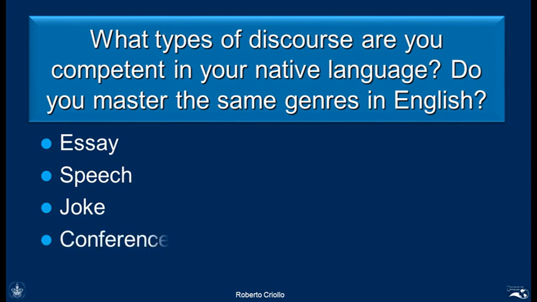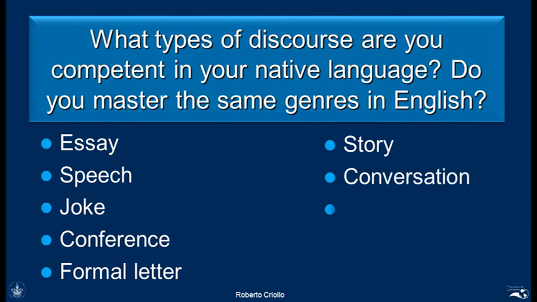Or a joke, as we said. A conference, for example, is a type of discourse that can only be achieved when you have a C1 or a C2 level. A formal letter is a kind of text that you're expected to write for a B2 examination.